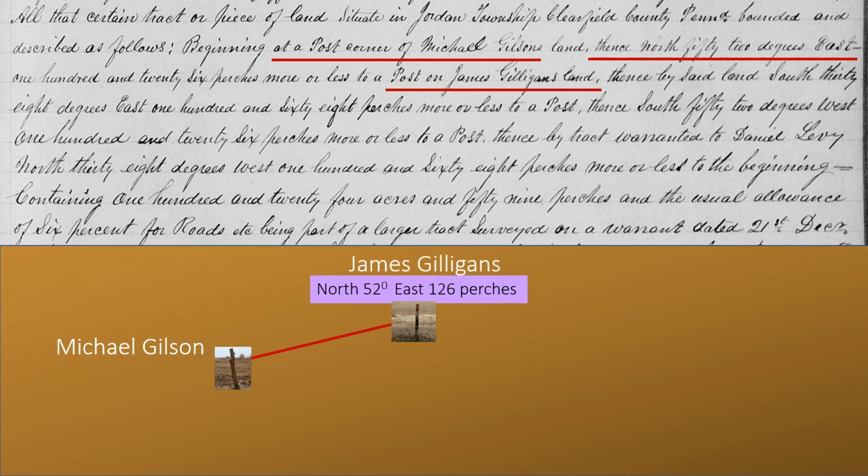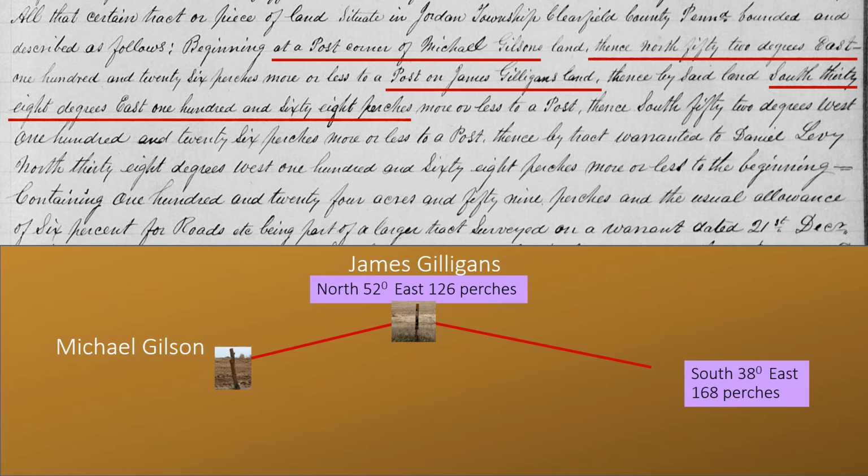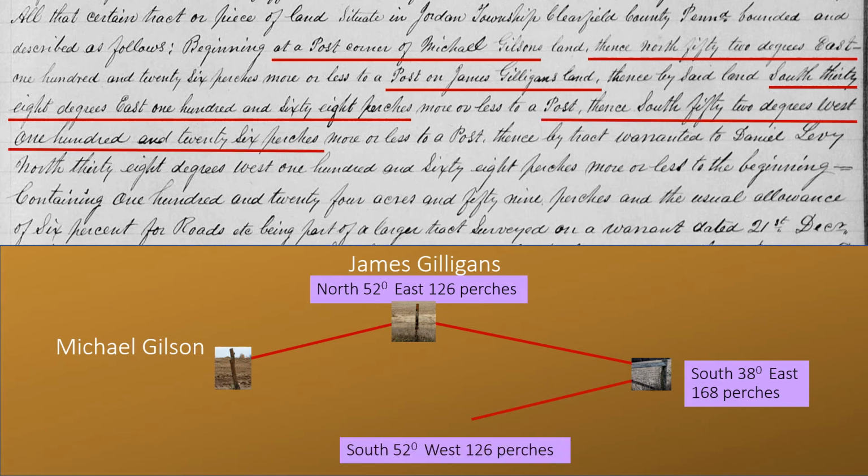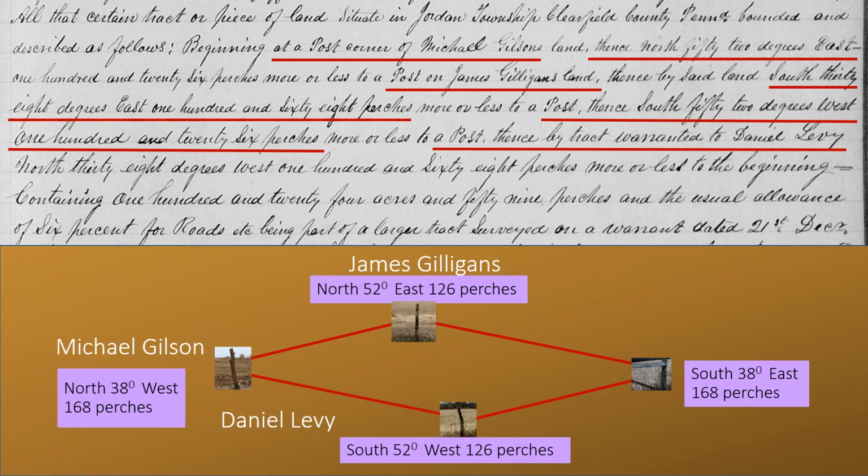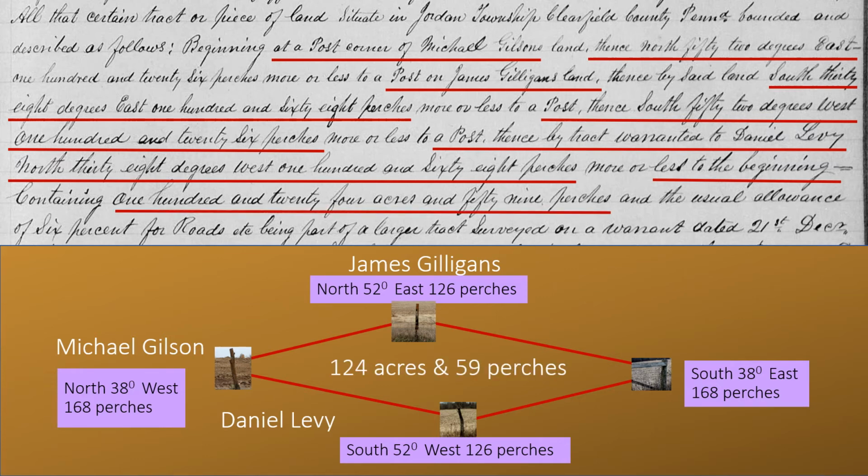Thence by the said land 38 degrees east, 168 perches, to a post. Thence 52 degrees west, 126 perches, to a post, by tract warranted to Daniel Levy. North 38 degrees west, 168 perches, to the beginning, containing 124 acres and 59 perches. This description tells us who 3 of his neighbors were.